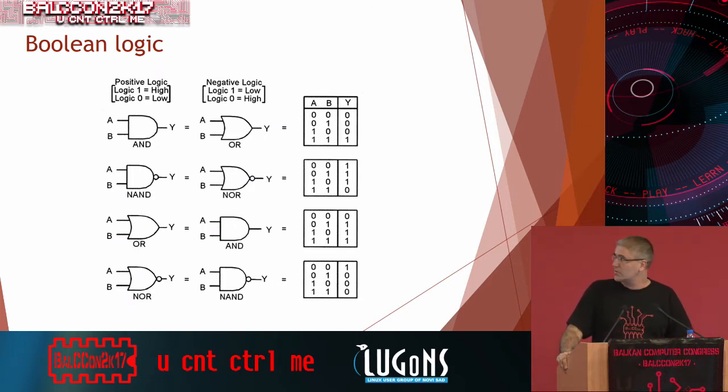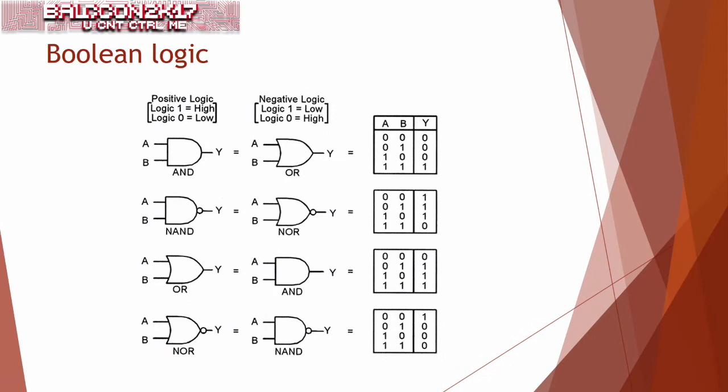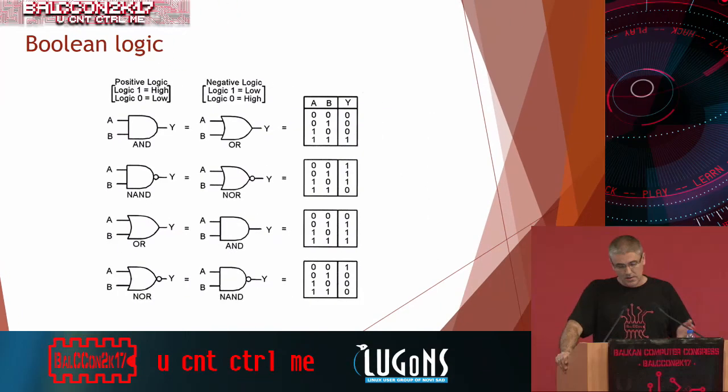Here we can see the truth tables for some Boolean logic circuits. For AND, the output is 1 only in cases where both A and B are 1. NAND is the negation, so you have 0 only when both inputs are 1. For OR, if at least one input is 1, we will have 1 as an output, otherwise we have a 0, and so on.